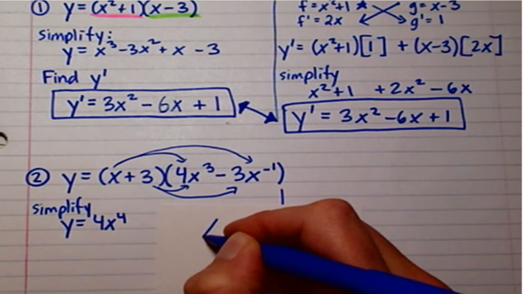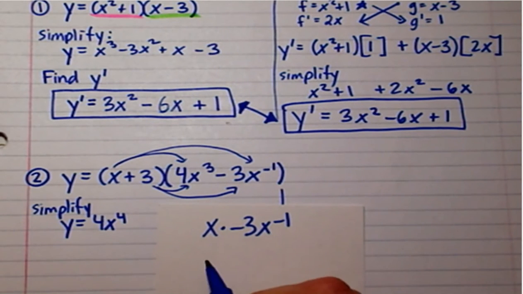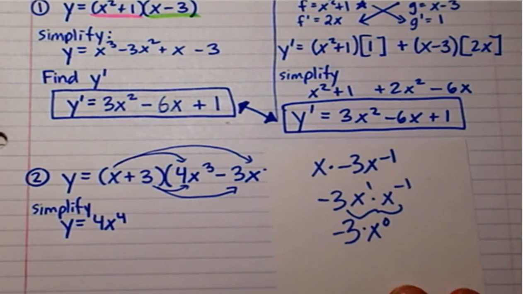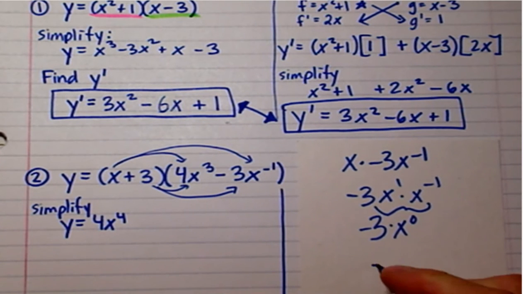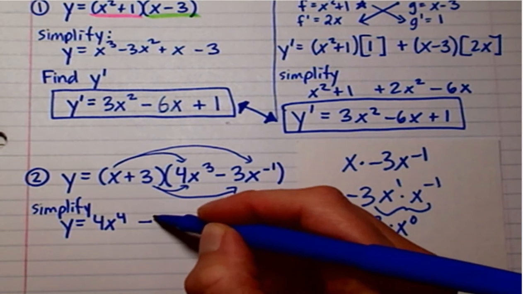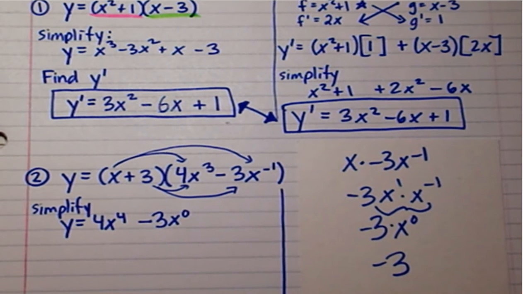Okay, so when I do x times negative 3x to the negative 1, I get x to the first. You add exponents when you multiply. So when I do the last, that ends up being just negative 3x to the 0.